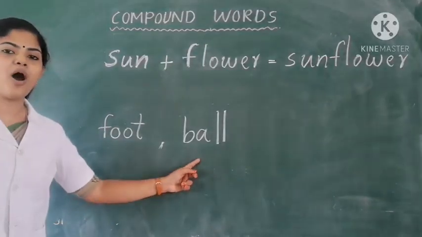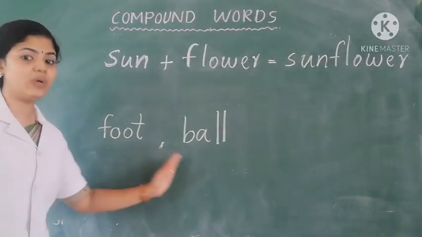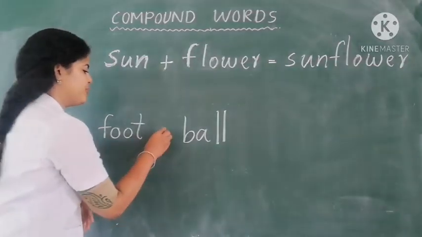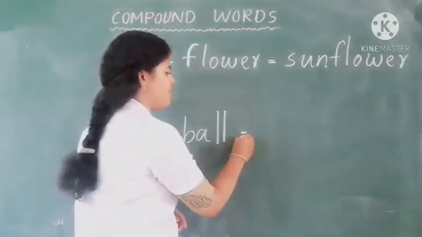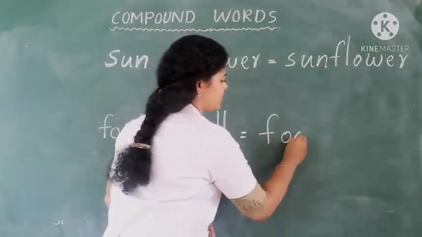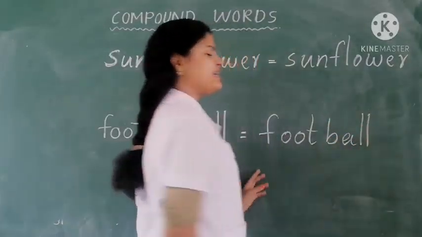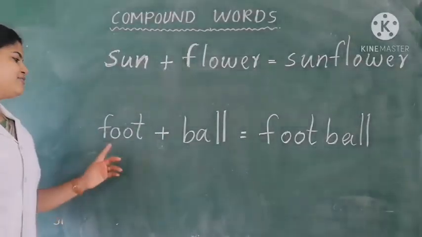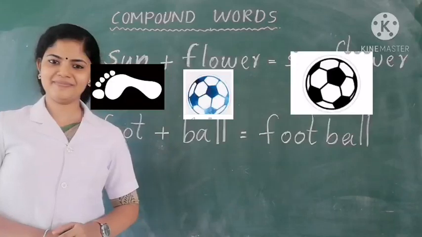Next one is ball. Okay, so if I join these 2 words, I will get a new word. Food plus ball. What is it? It becomes football. Food plus ball, football.